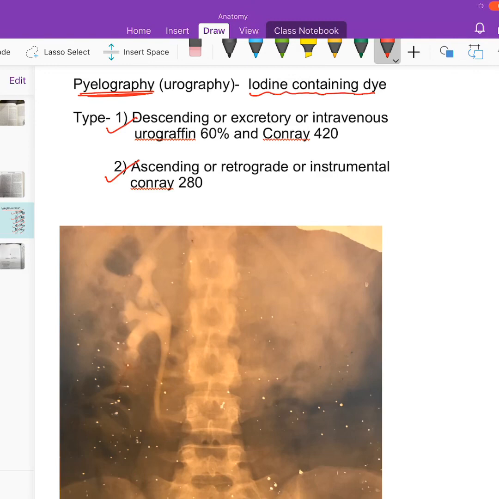When the dye is injected intravenously, it is called descending type or excretory type or intravenous pyelography. But when the dye is injected directly into the ureter through a ureteric catheter guided through a cystoscope, the technique is called ascending or retrograde or instrumental pyelography.